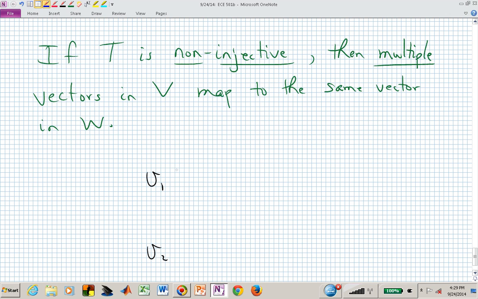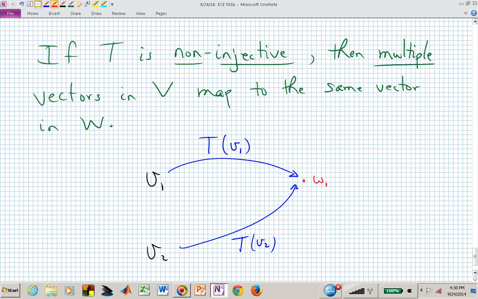You now use the map T on V1, and the same linear map T on V2, and those could go to the same vector in the codomain, W1, if we have a non-injective linear map.